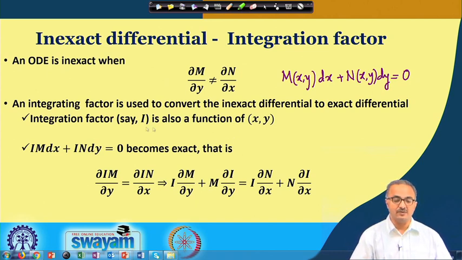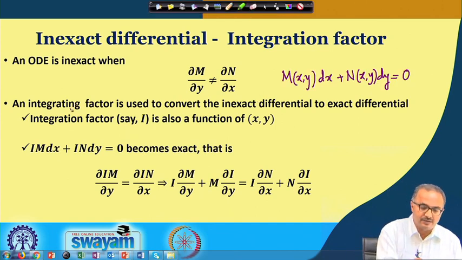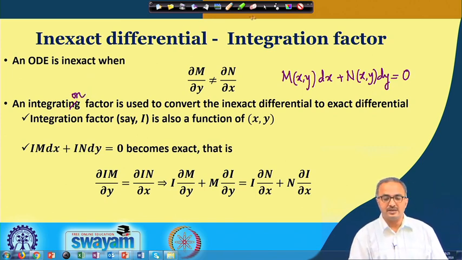In this case we put in some kind of an integration factor, in order to convert the inexact differential into an exact differential form. Here we find that this integration factor is a function of both the independent parameters, that is x and y in this case.